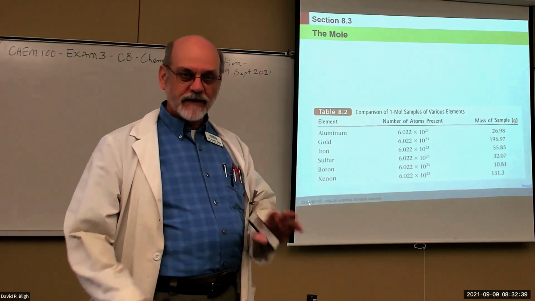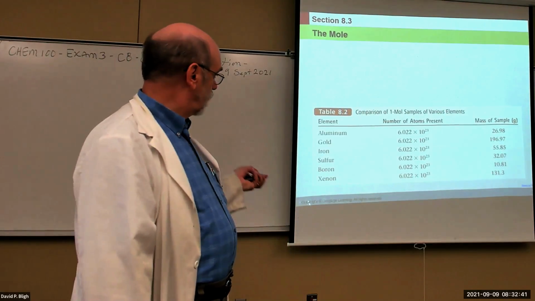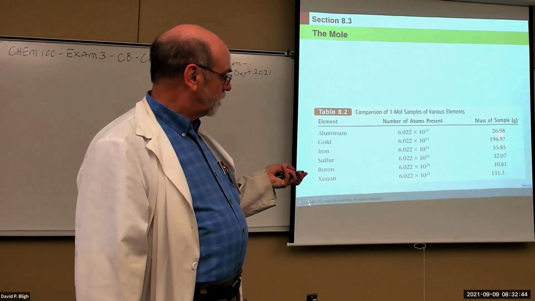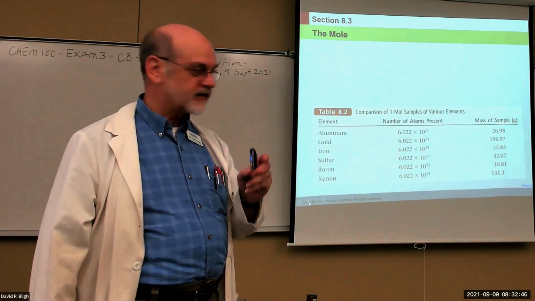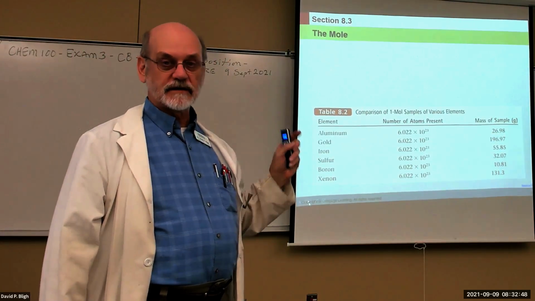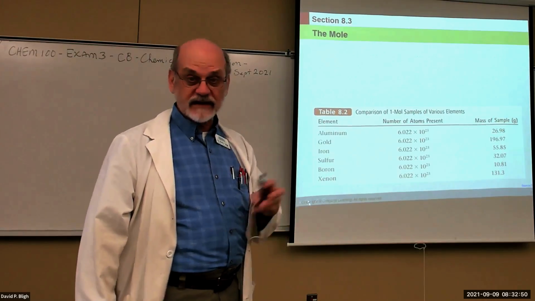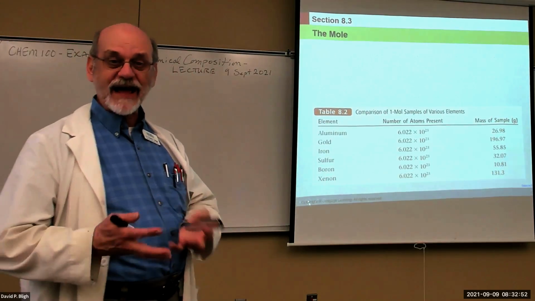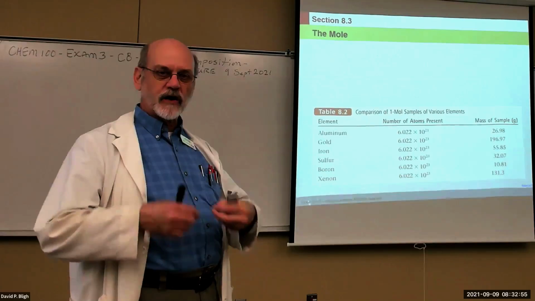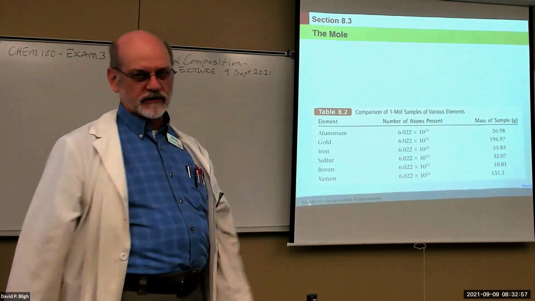Right? You will never find one atom of gold that has a mass of 196.97 atomic mass units. It doesn't exist because it's a weighted average of the naturally occurring abundance of the different isotopes.